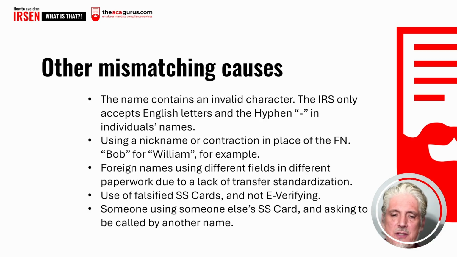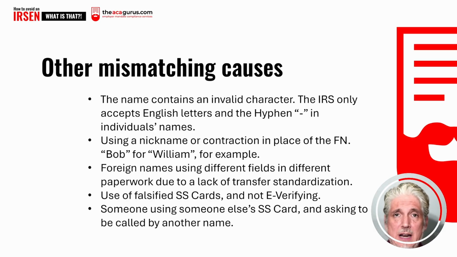Foreign names are used in different fields in different paperwork due to lack of standardization. In other words, when somebody moves to the United States and becomes a citizen and all that, the way their name is structured in other countries doesn't match how it's structured in the United States.